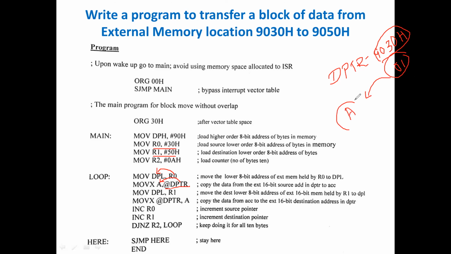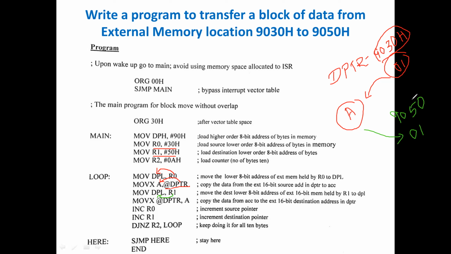From the accumulator, I want to move it once again to the destination address, 9050H. See, I am pushing this R1 to DPL.